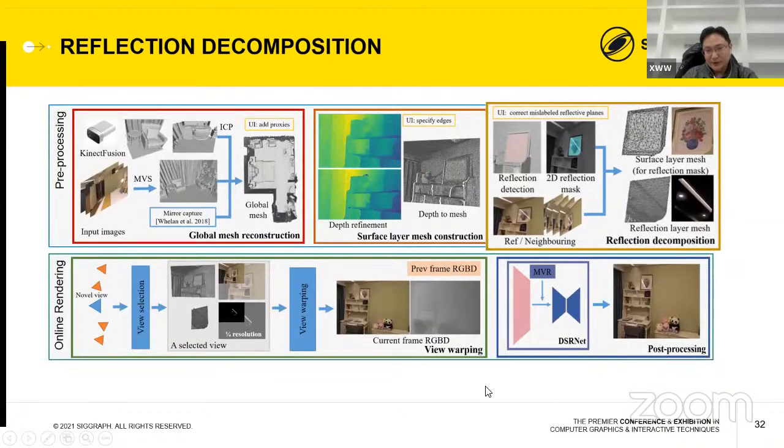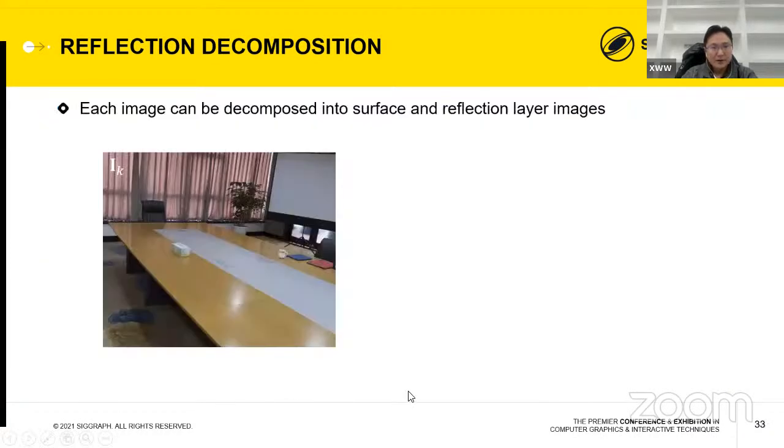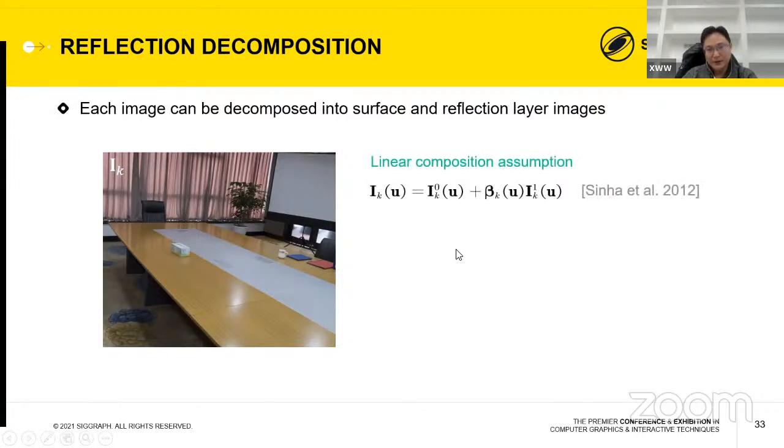The last step in geometry processing is the two-layer representation reconstruction. For each captured image, we want to decompose the image into surface and reflection layer images. We use a linear composition assumption to obtain the separation. So the image I_k can be decomposed into I_k0, the diffuse image, and I_k1, the reflection image.